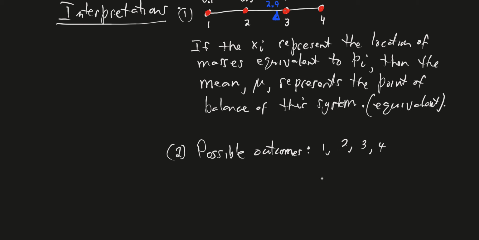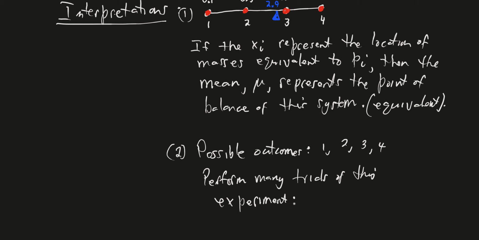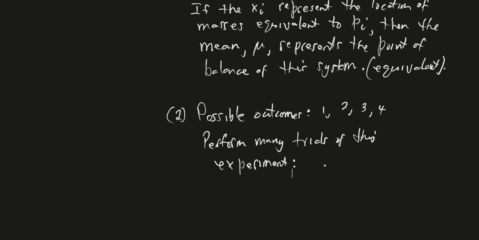So let's say we perform many, many trials, not just once now, but many trials of this experiment. And each time we perform the trial, we're going to keep track of the number that we observe, right? So what I'll do is I'll write this. So these are now observed values.